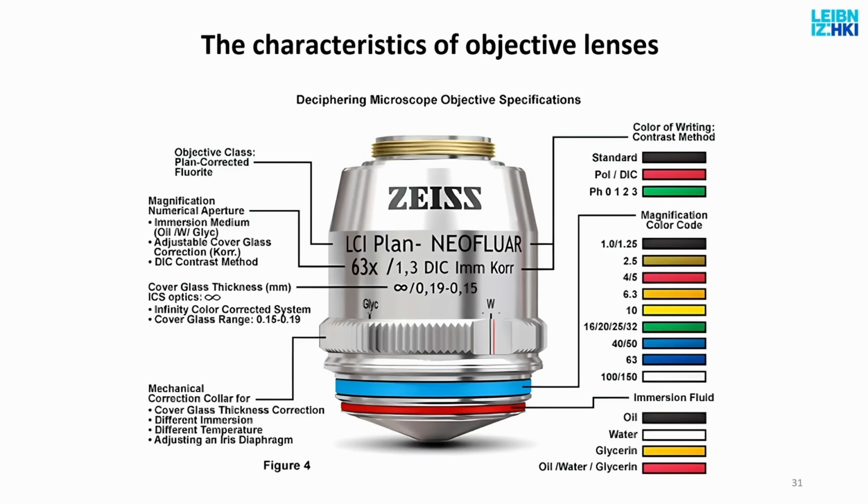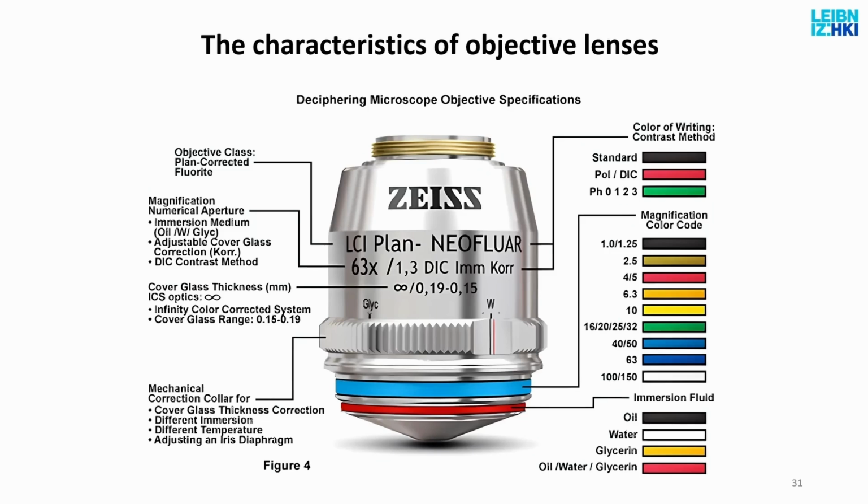For example, this can mean that you compensated for spherical aberration. This can also mean that chromatic aberration has been compensated for, and from the colors you can read out exactly which wavelength range it was designed for.